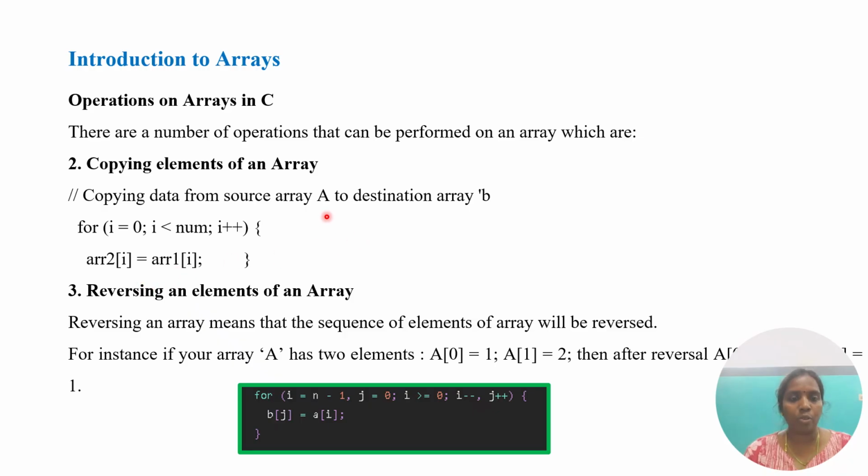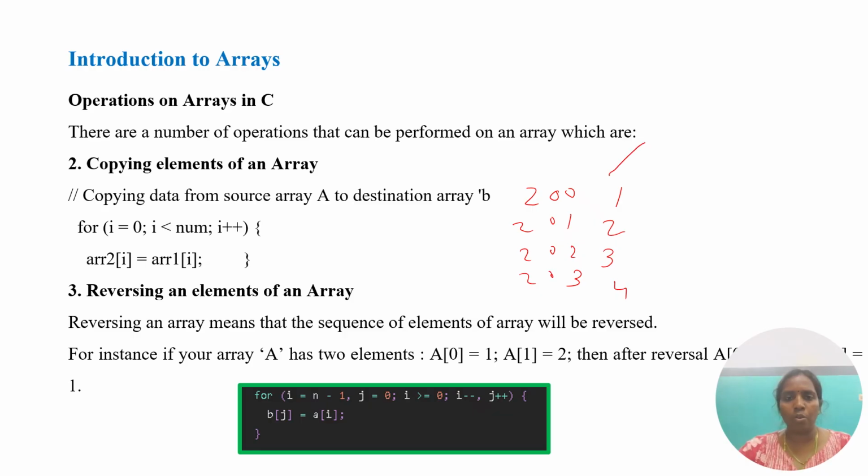We have two arrays, source and destination, namely A and B. We can copy the elements of A to B using array2[i] = array1[i]. For example, we have used memory locations 200, 201, 202, 203, which hold the values 1, 2, 3 and 4.